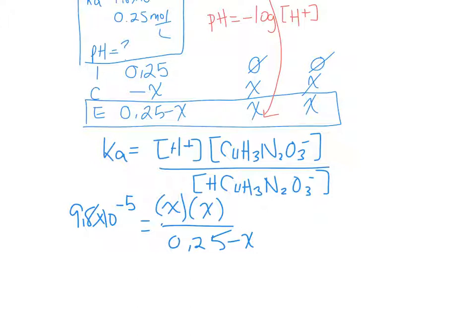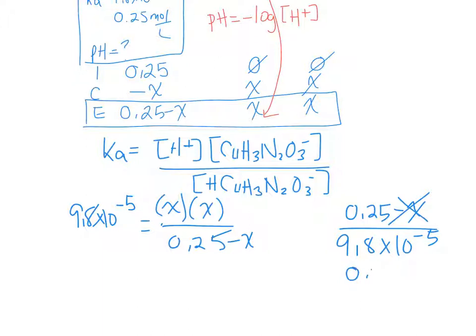But we're chemistry people. We want to be efficient. So perhaps 0.25 divided by 9.8 times 10 to the negative 5, maybe that is greater than 1,000, which would be very convenient, because then we could say 0.25 minus x is about 0.25.